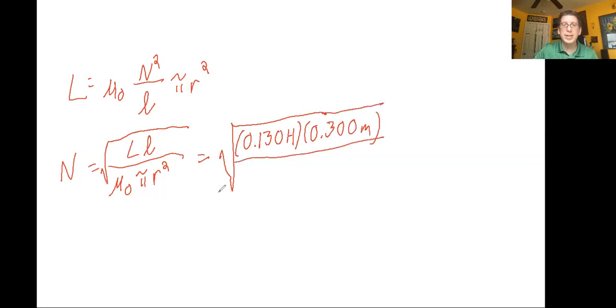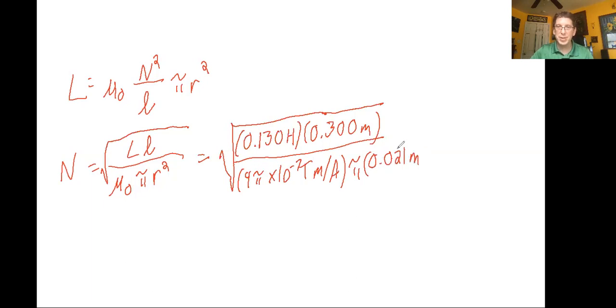And then that's mu naught, which is 4 pi times 10 to the negative 7 tesla meters per ampere with another pi term. So what you're going to do is you multiply these two numbers together, then divide by pi squared, then divide by 4 times 10 to the negative 7. And don't forget, you need the radius, but you're given the diameter. The diameter is 4.2 centimeters. The radius is going to be half that, which is 2.1 centimeters, or rather 0.021 meters.